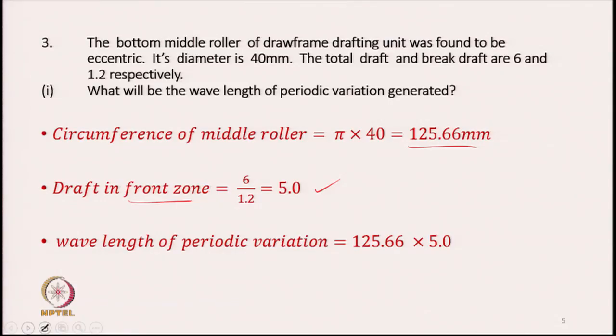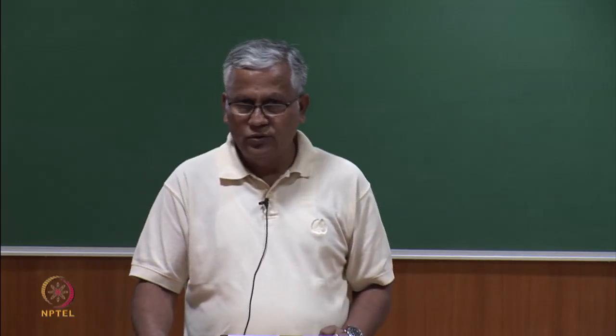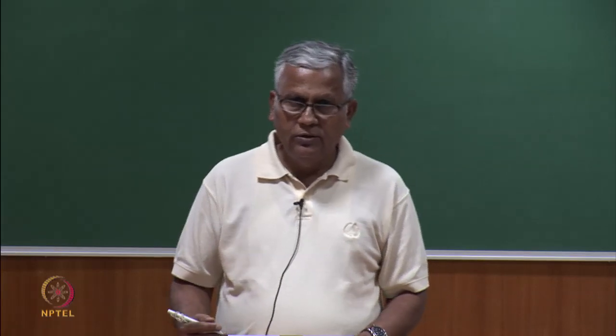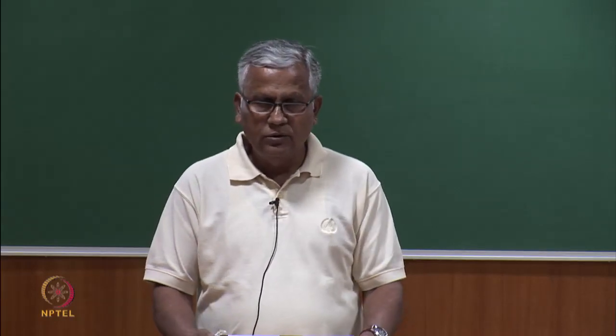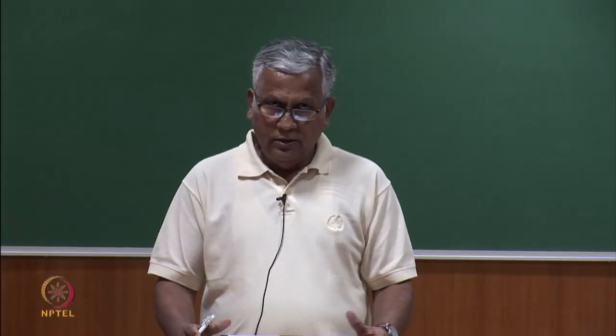So, the wavelength of the periodic variation is going to be 125.66 into 5, which gives 628.3 mm, or approximately 63 centimeter. So, if the middle roller is eccentric for any reason, in the drafted sliver there will be periodic mass variation, and its wavelength will be close to 63 centimeter.